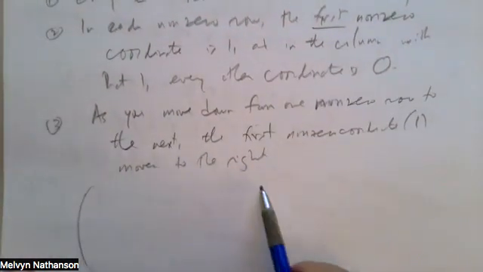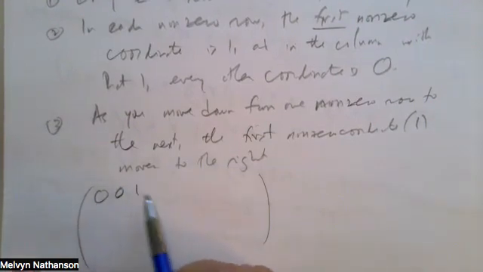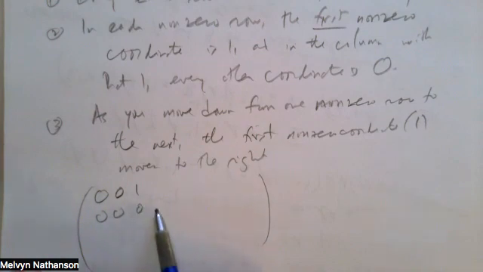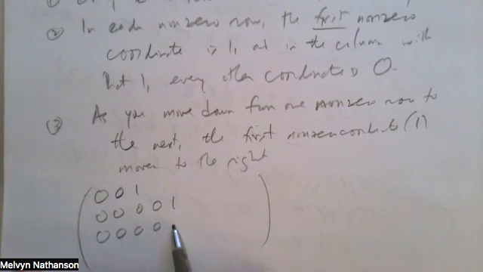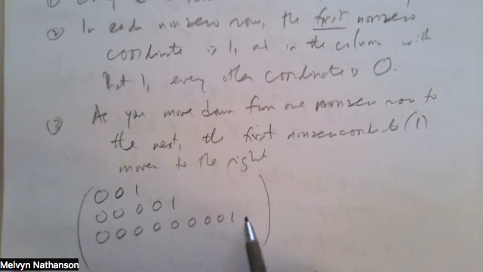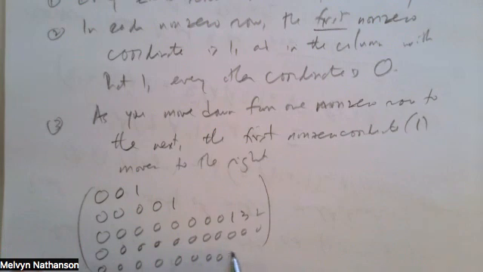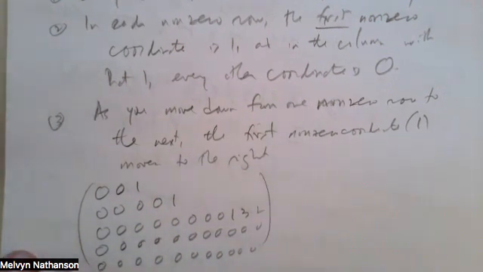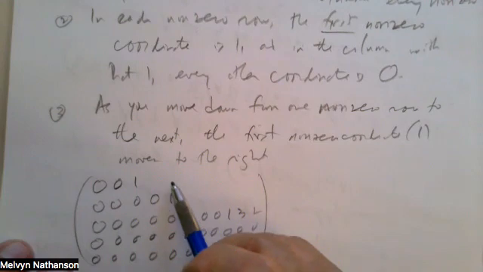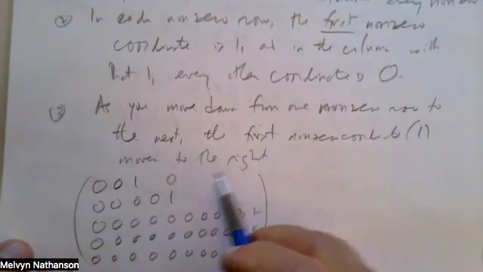So for example, just drawing an example of a matrix in reduced row echelon form.